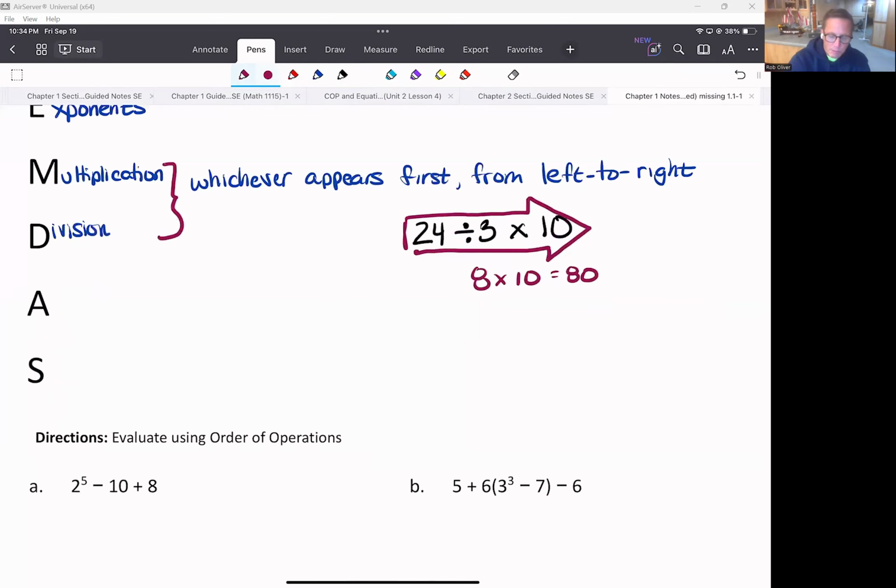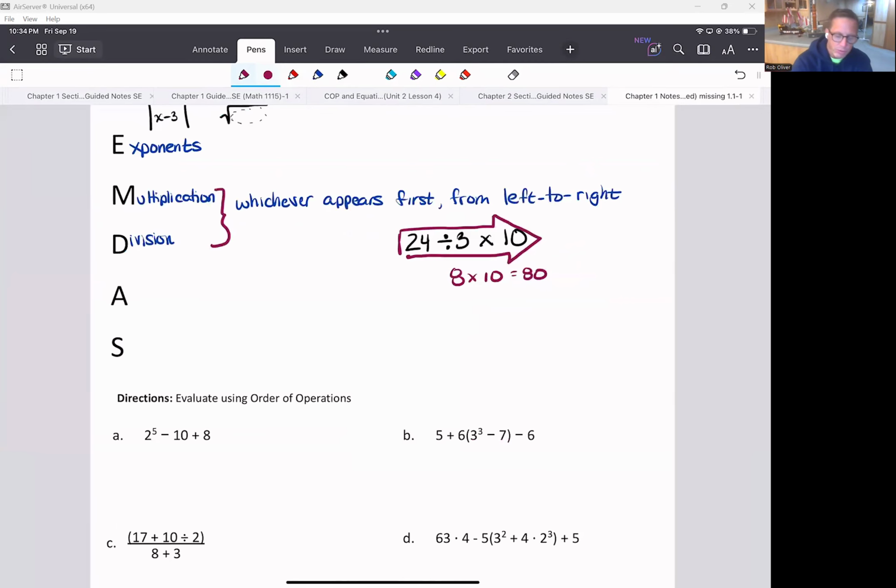The same is true about addition and subtraction. There's pushback about the PEMDAS acronym because it's a little bit misleading. It makes people think, oh, I better add before I subtract, and that's not true either.